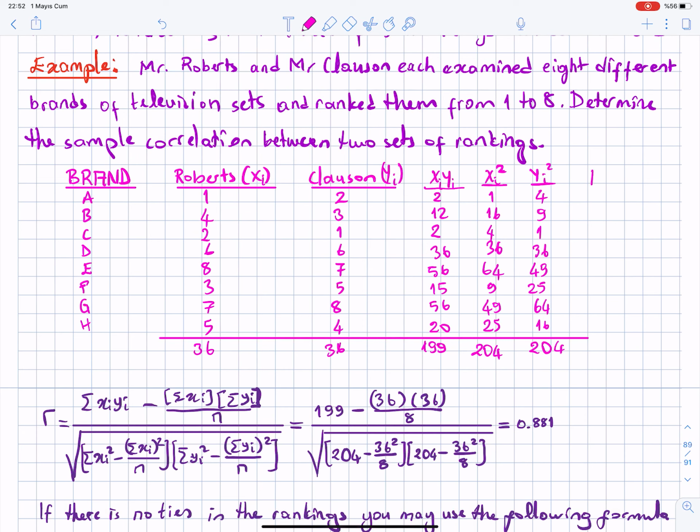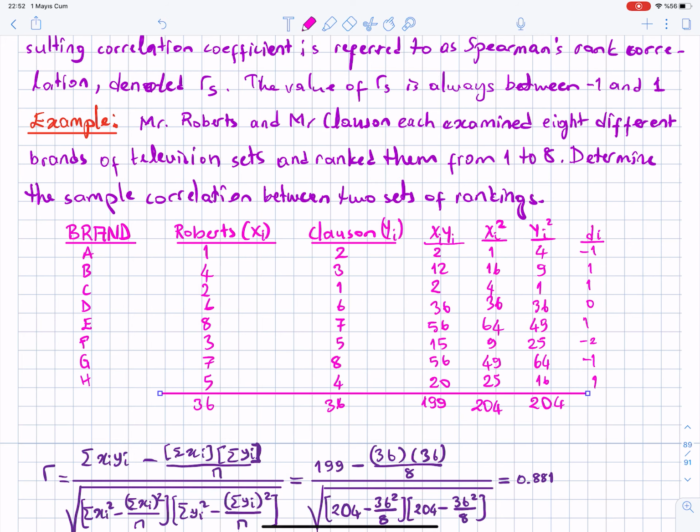The di column is the difference in ranking. 1 minus 2 becomes minus 1. 4 minus 3 becomes 1. Then we have 0, 1, minus 2, minus 1, and 1.